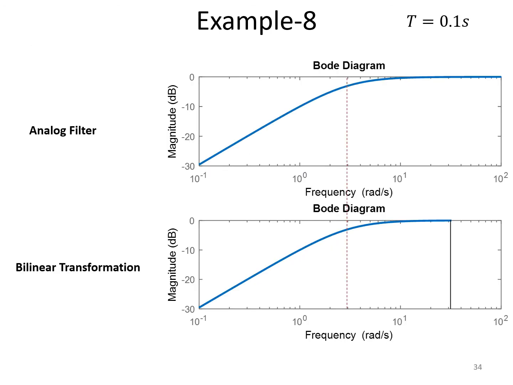Now if we compare the magnitude responses of analog and bilinear transformation, the cutoff frequency is 3 radian per second and the shape of the magnitude response is exactly the same as compared to the analog filter.